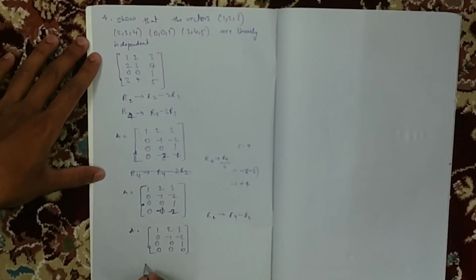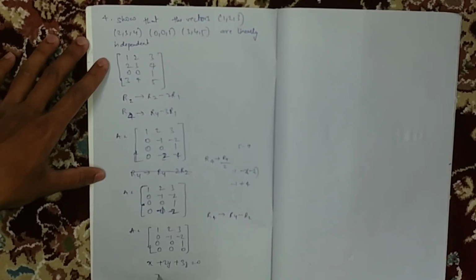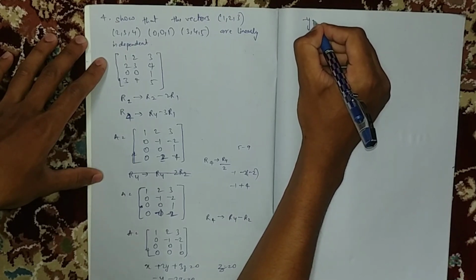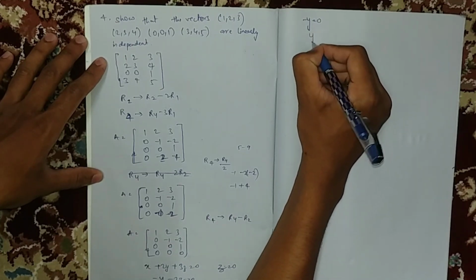Now we write it in the form of equations: x plus 2y plus 3z is equal to 0, minus y minus 2z is equal to 0, and the last row gives z is equal to 0. Now we substitute: minus y equals 0, so y is also 0.